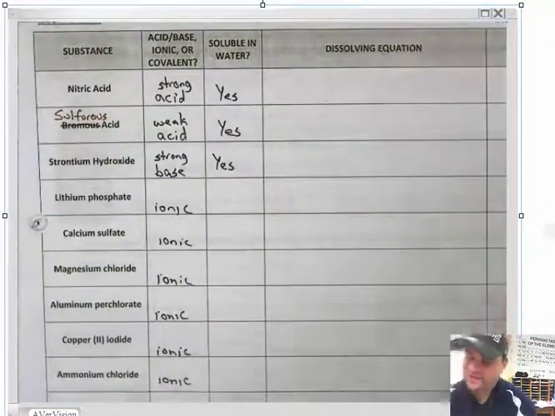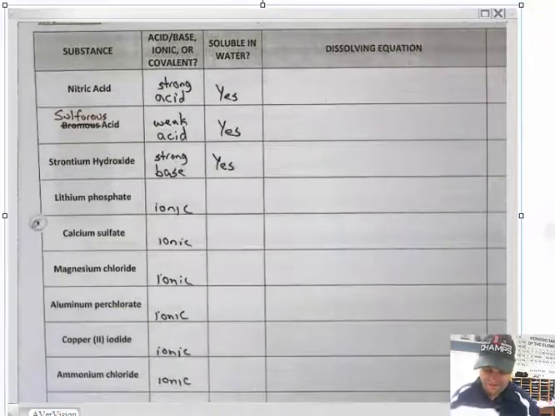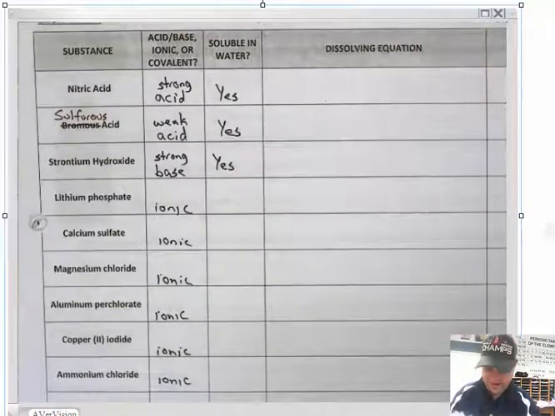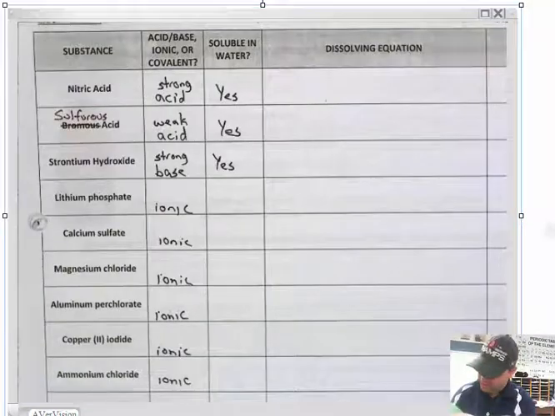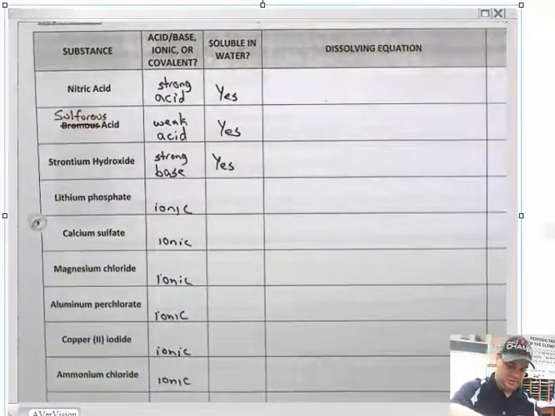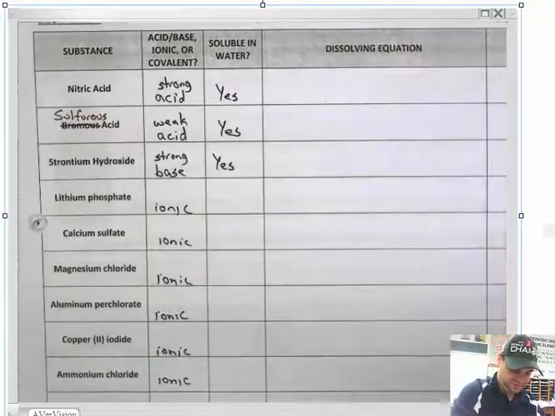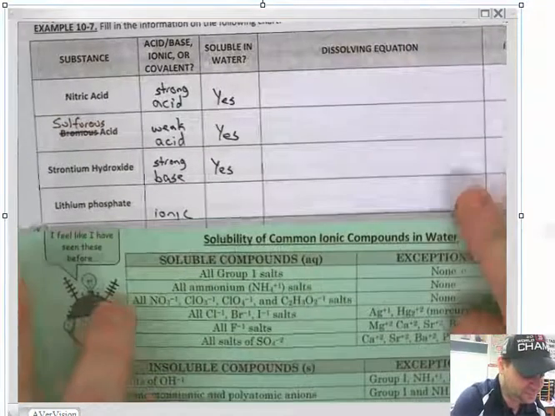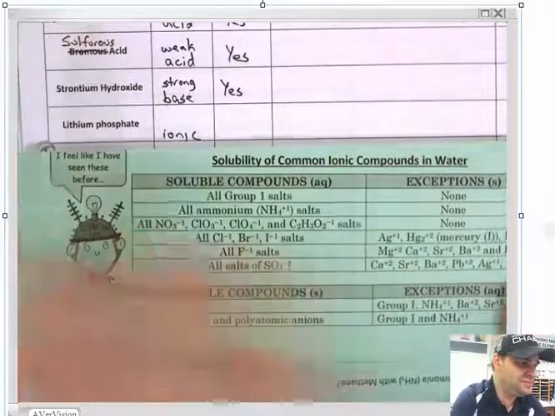Now to figure out the other ones, we have to look at the solubility rules. Lithium phosphate.